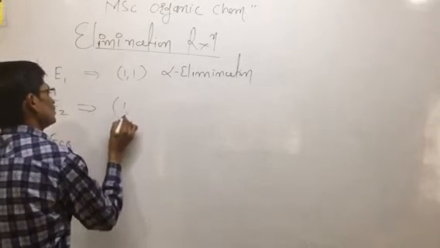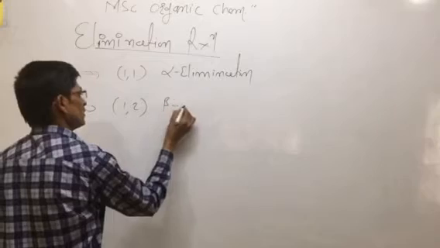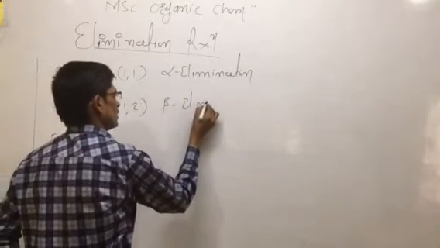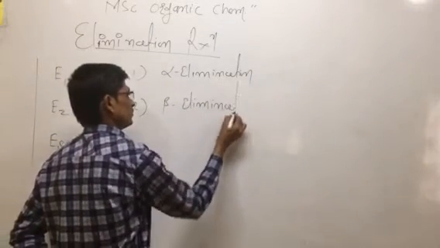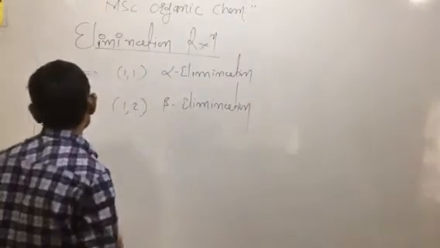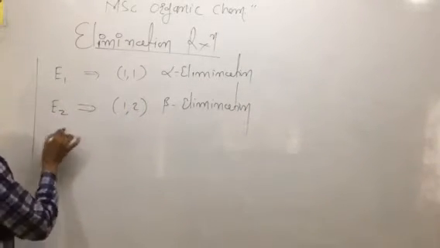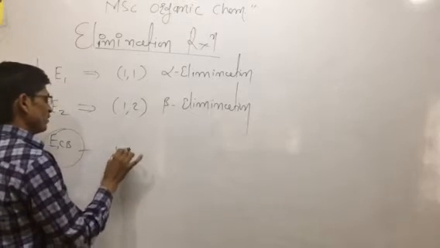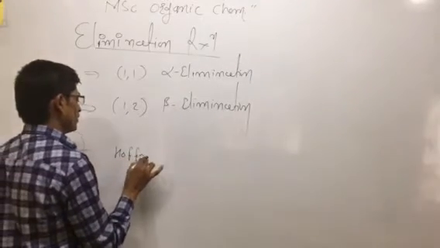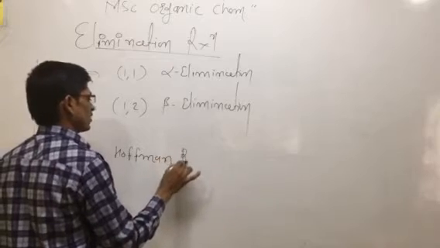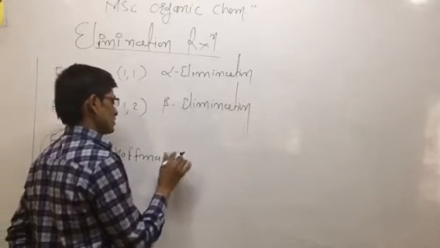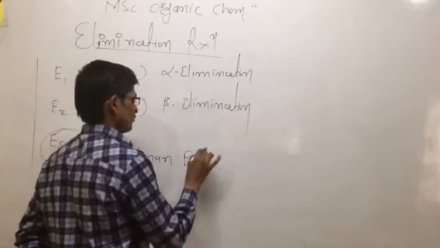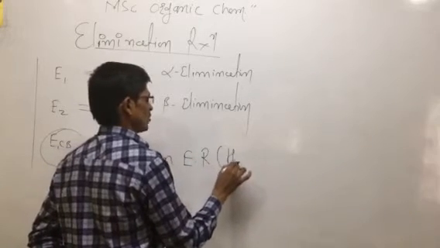The E2 is the 1,2 elimination, or beta elimination reaction. The E1CB reaction belongs to the Hofmann rule, that is called the Hofmann elimination reaction.